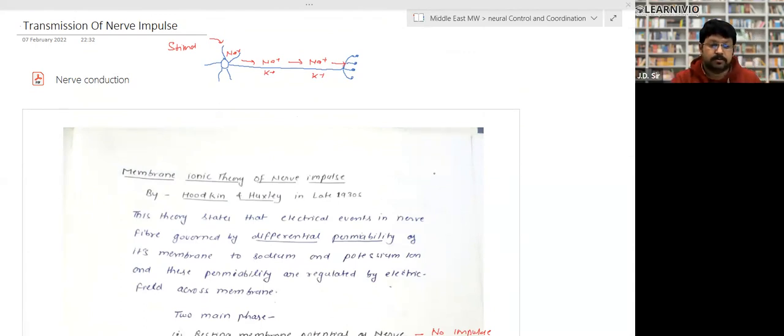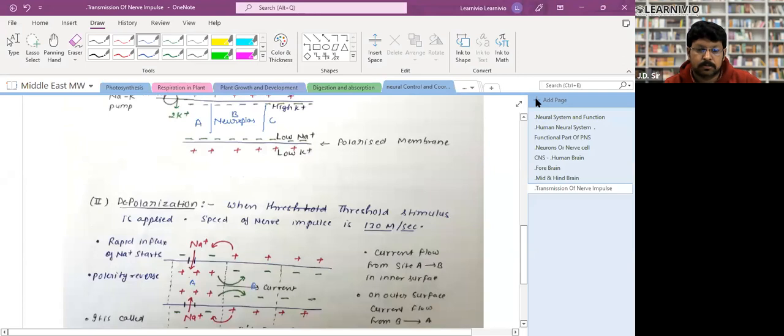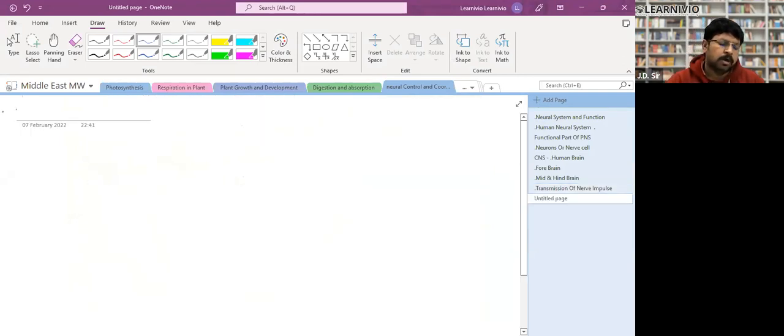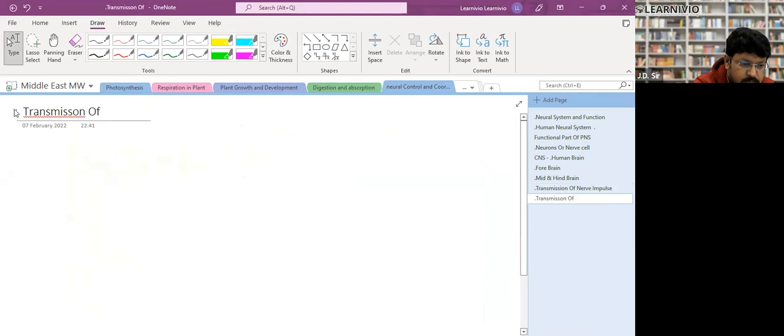So the next part is transmission of impulse between 2 neurons.